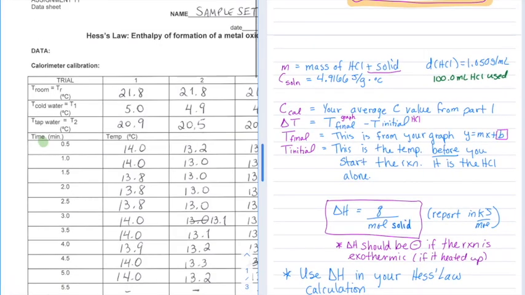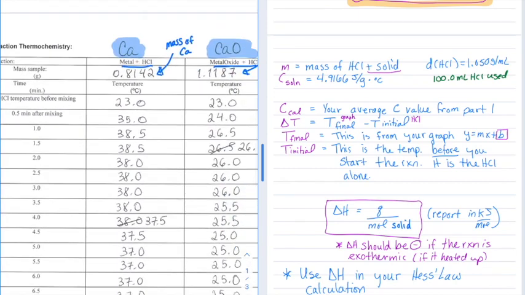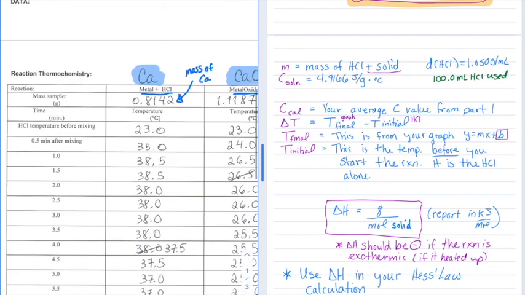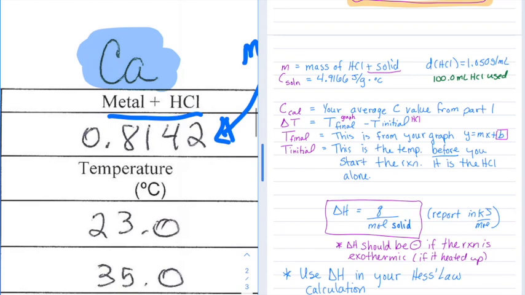Here I'm looking at the data for part 2, and I'm going to zoom in on this right here. You're going to perform this calculation twice, once for each reaction. So here is a mass, and this is the mass for the metal. You've got to add the mass of the metal to the mass of the HCl.